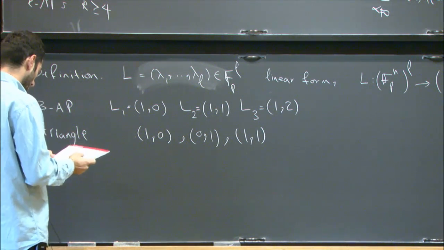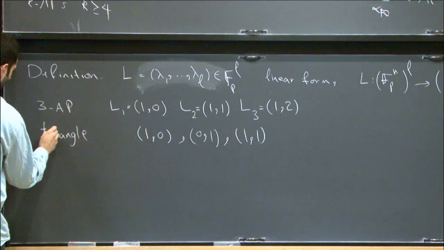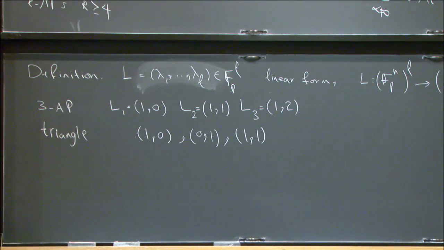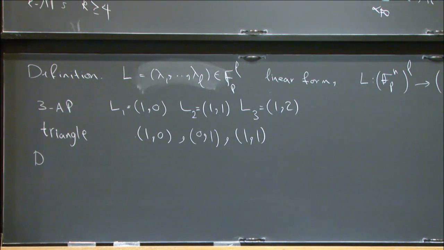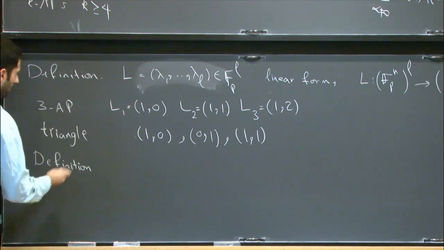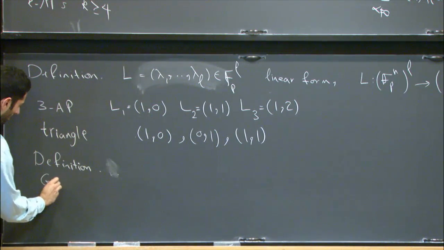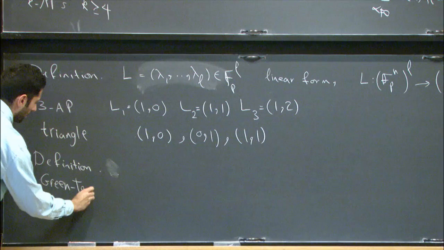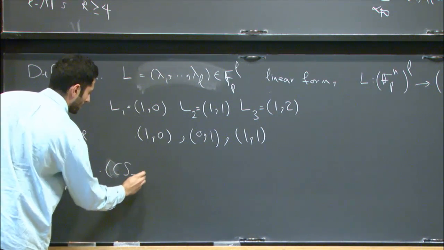A very useful definition was defined by Green and Tao. There was a notion of complexity defined for a collection of linear forms: the Cauchy-Schwarz complexity.